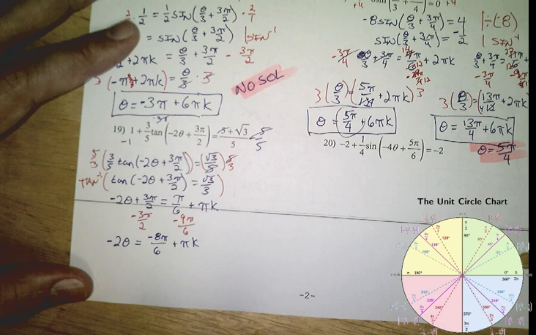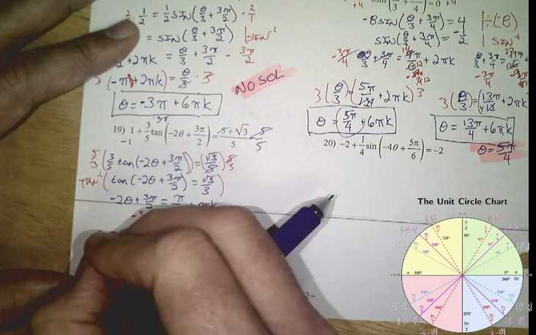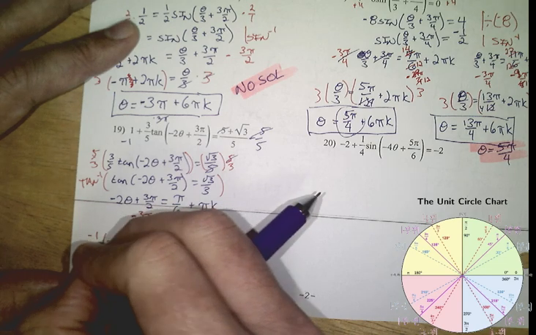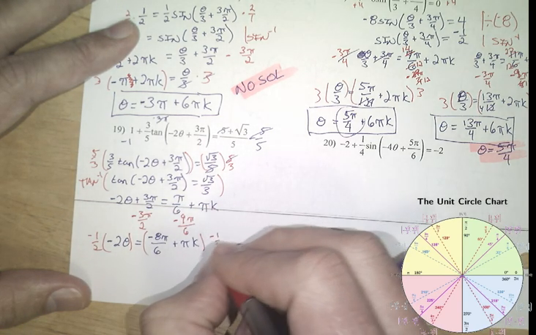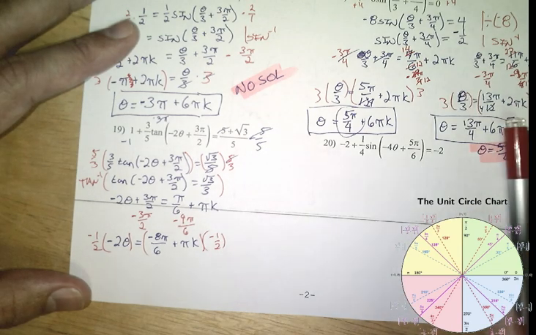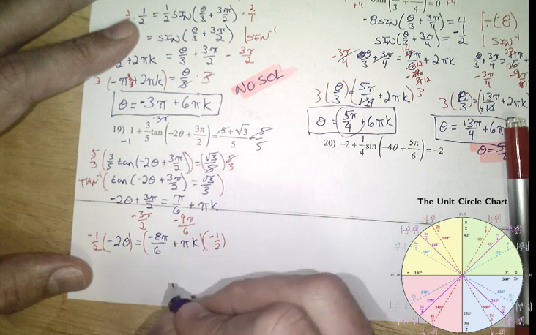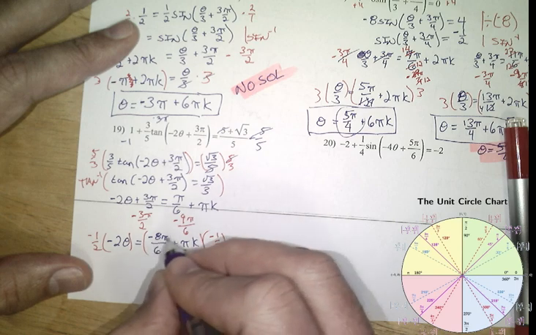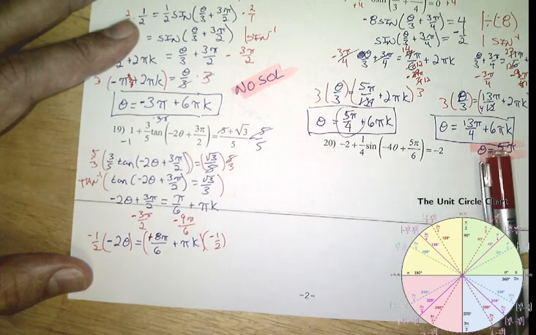And then we need to multiply both sides by a negative 1/2. So negative 1/2 times a negative 8 pi over 6. So that cancels out the negative.